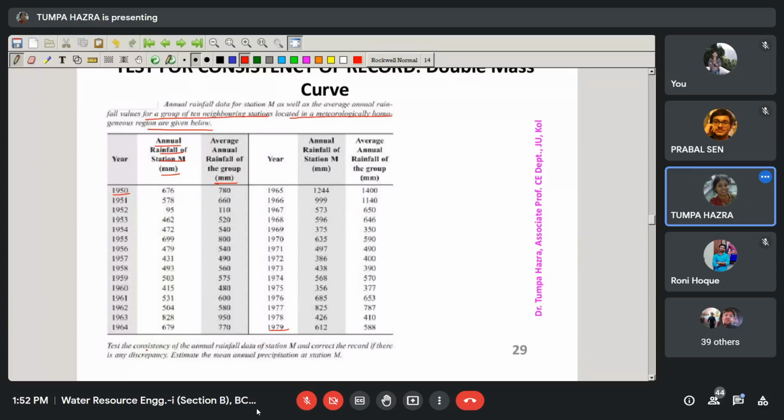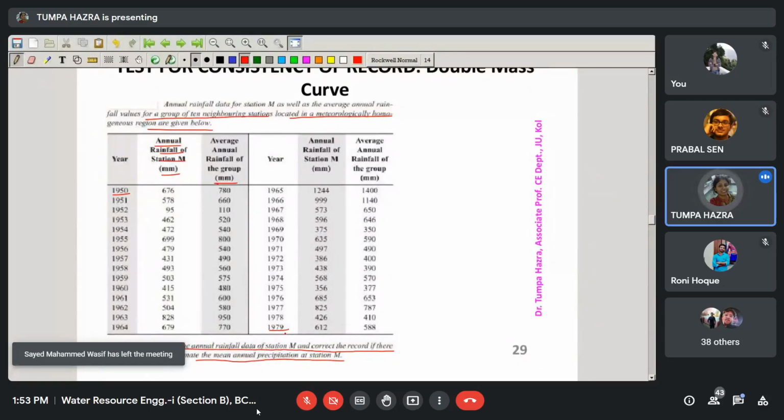Now you have to check the consistency of the annual rainfall data of station M, and if you find any inconsistency, then you have to correct the record, and after that you have to estimate the mean annual precipitation of station M. I repeat, you are given the rainfall data of 1950 to 1979 for station M, as well as the average annual rainfall of the neighboring stations.